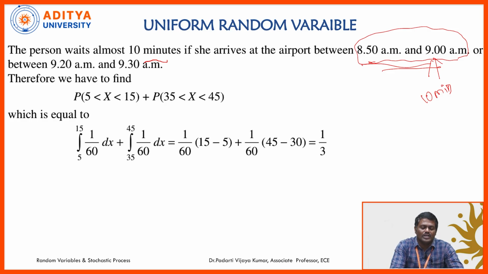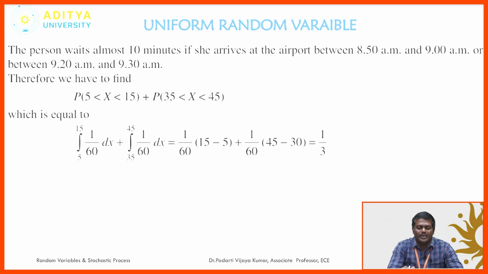When he arrives over the interval 9:20 to 9:30, to catch the 9:30 flight, he needs to wait at most 10 minutes. So two cases are possible: 8:50 to 9, and 9:20 to 9:30. Applying those limits and calculating with the density function, we will get the probability 1/3.